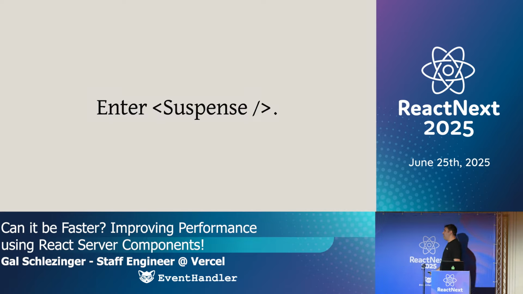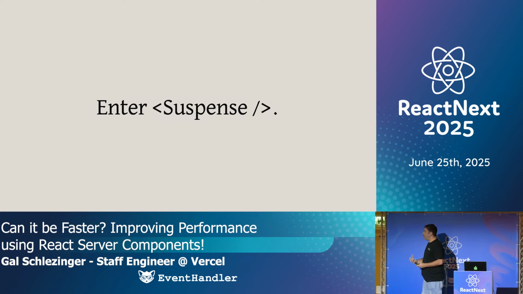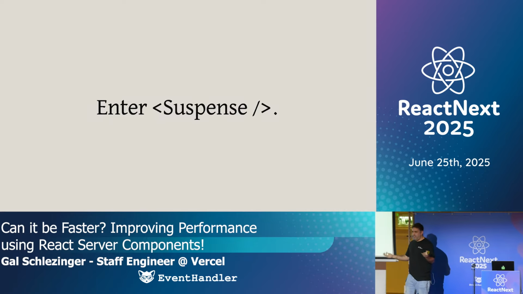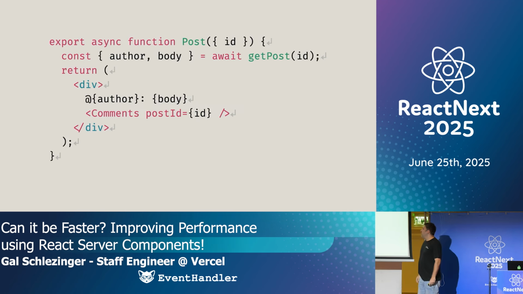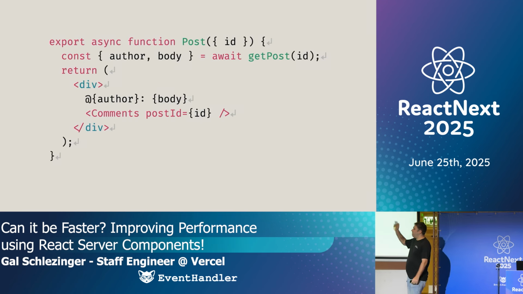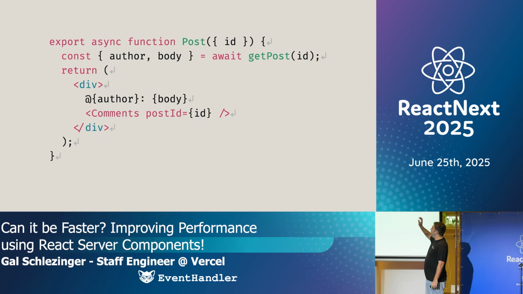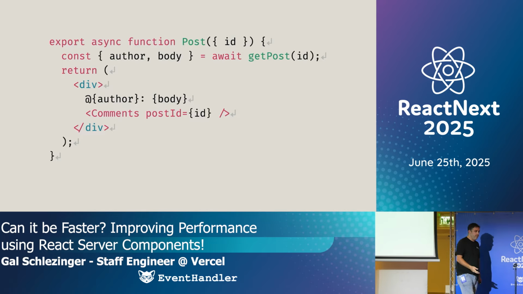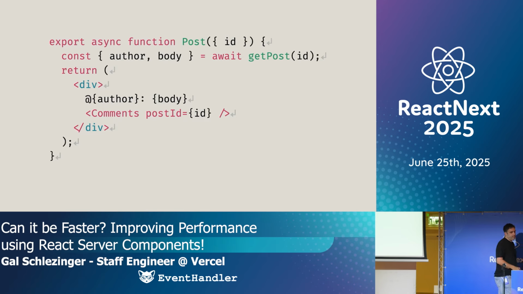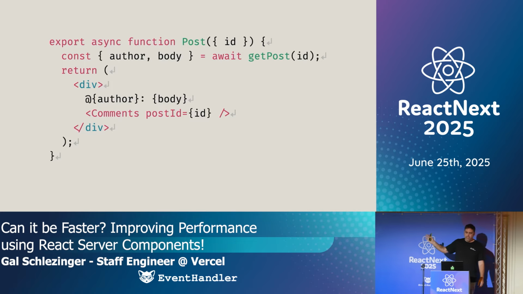And Suspense, in my opinion, is the most important piece of technology that we invented in the last couple of years. You can see here an async function, meaning this is a server component. And you can see that we have an await getPost. The fact that we have an await getPost means that post cannot be rendered without the data coming from getPost. And then we render the author, the body, and the comments.